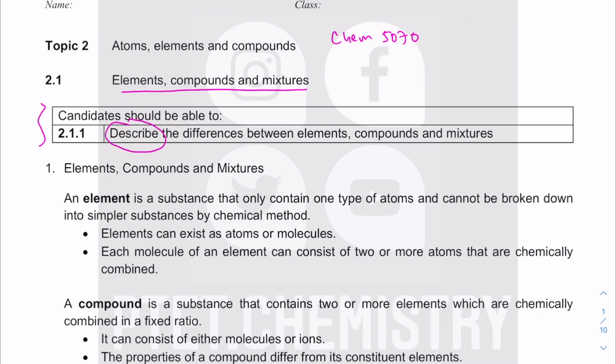It's not just stating or outlining, but describing. Describing means in detail, so you need more than just one line. You need to talk about differences. This is plural because you need to know more than one difference between elements, compounds, and mixtures.